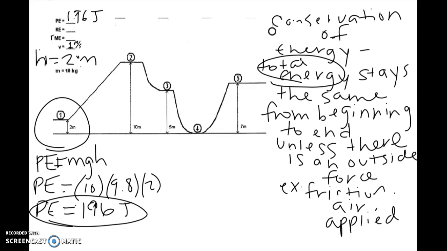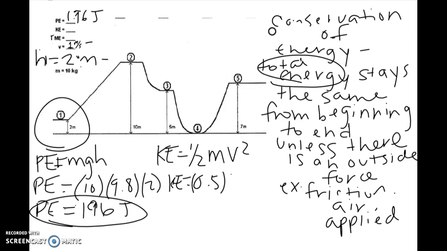Okay, next I'm going to figure out my kinetic energy because I do know that I have a velocity, so I can solve for the kinetic energy of this object. So KE equals 1/2 mv squared. My kinetic energy is equal to 0.5 times my mass of 10 times 1 squared.